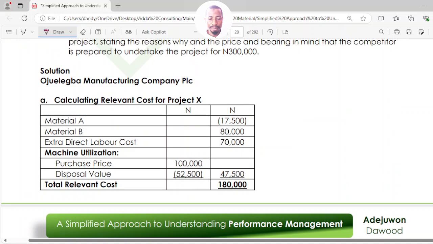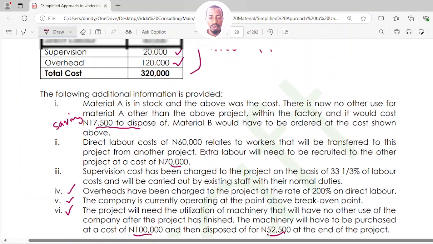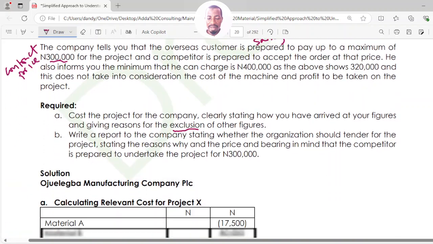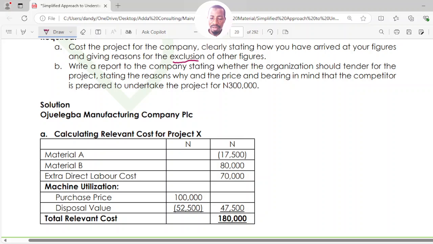Now, in solving the question, remember I told you we are going to start from the additional information, even though I've explained all you need to do. In the information, we have material A, and we also have material B. For material A, there's a saving of 17,500 for the disposal of material A. It's a saving because what we want to do is a cost.